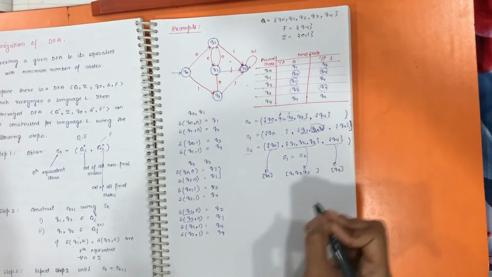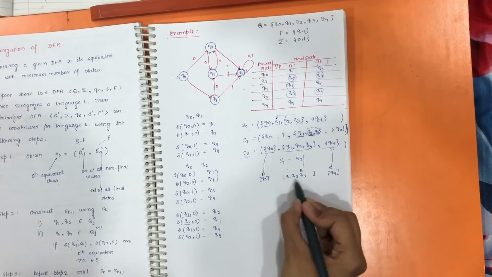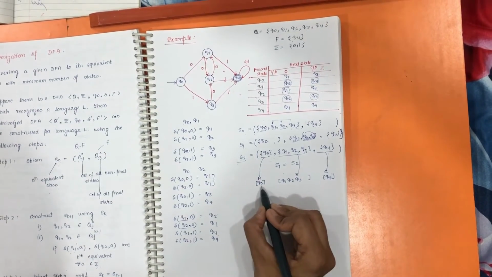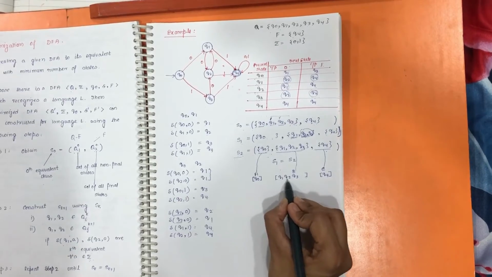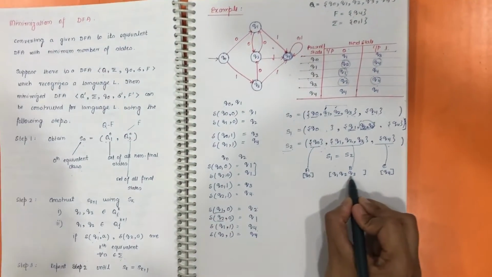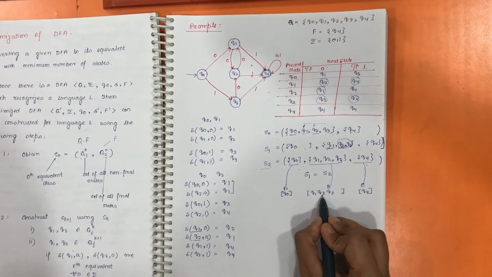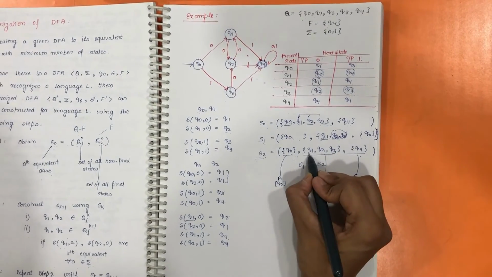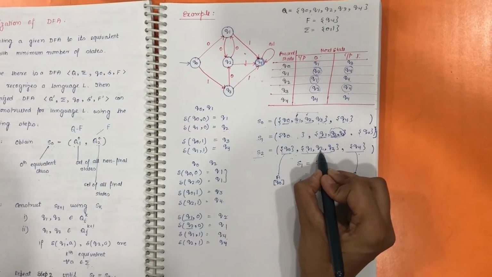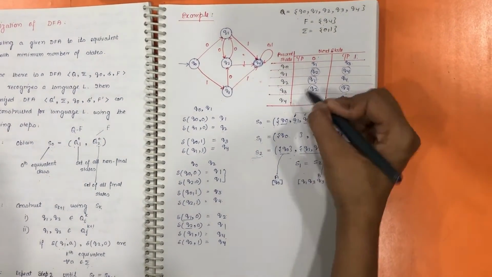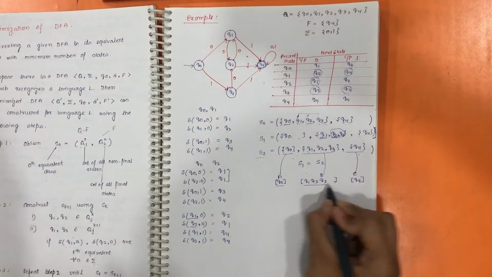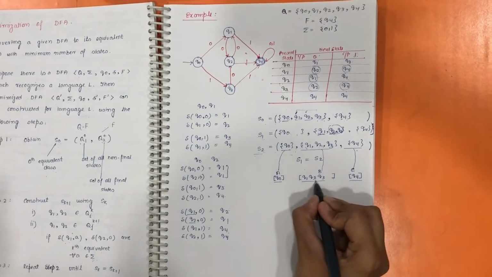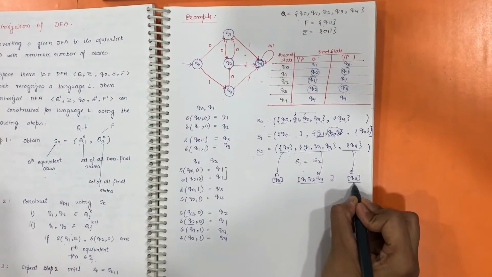This is just the notation, and what this notation is depicting is that this particular state, this is the name of the state only, comprises the three states Q1, Q2 and Q3 of the original DFA. Now actually these states will be the states of the minimized DFA.